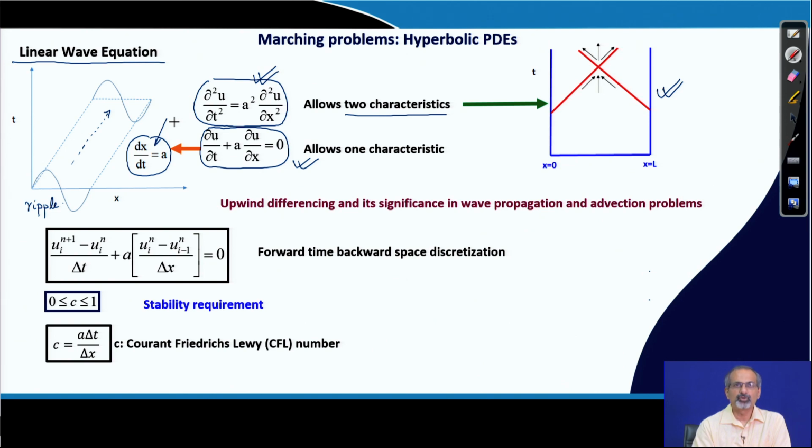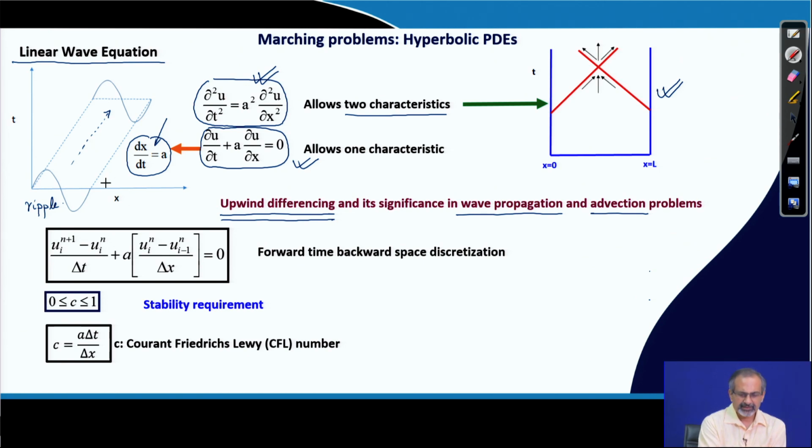Now, when you try to solve it using finite difference method, it is very important to understand the concept of upwind differencing. This is a problem of wave propagation or advection, and in these kinds of problems you have to be very careful about the direction from which the disturbance is propagating into the domain.